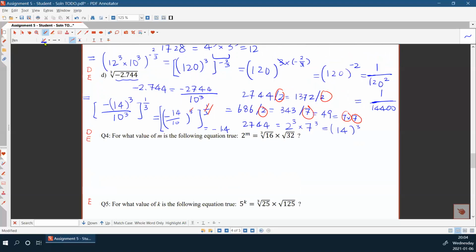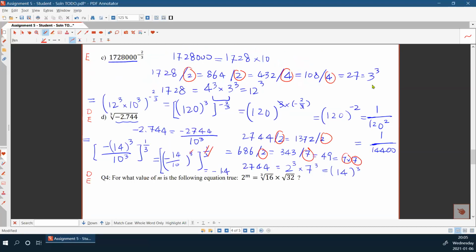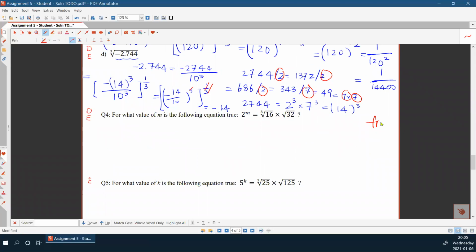Okay, so next time when you see a similar question like this, what's the right reasoning there? You should try to convert to integer, right?